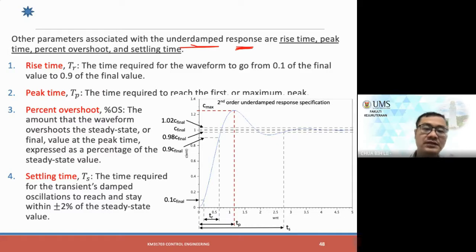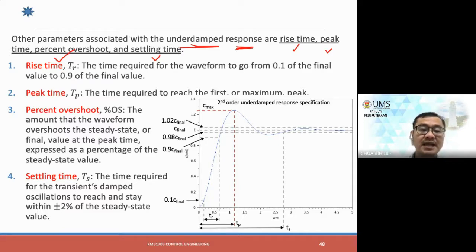For these quantifications, or specifications, of the second order system, we would use the rise time, peak time, percent overshoot, and settling time. Here you would see several new terms, like percent overshoot. Settling time you have already seen previously. Rise time and peak time you may also roughly get the idea of, similar to the previous one.